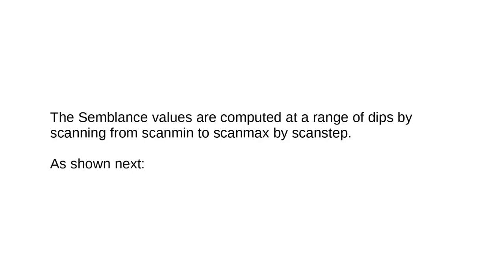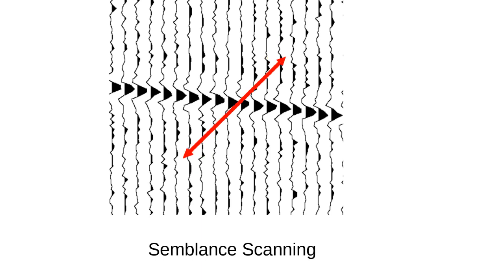Generally, semblance scanning is done from scan min to scan max by scan step for every sample in all traces. A short animation of scanning one sample follows.